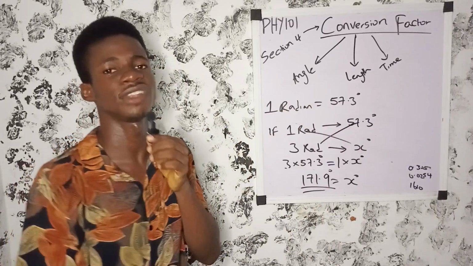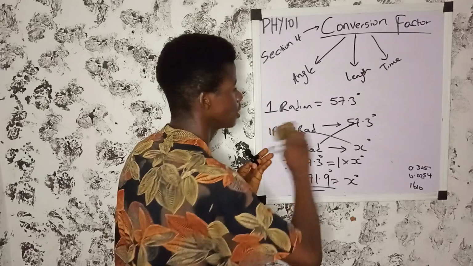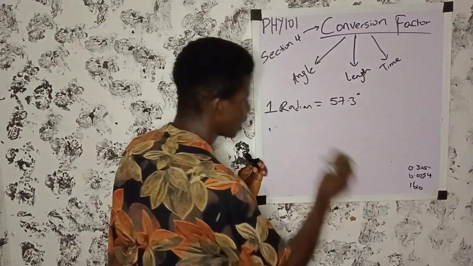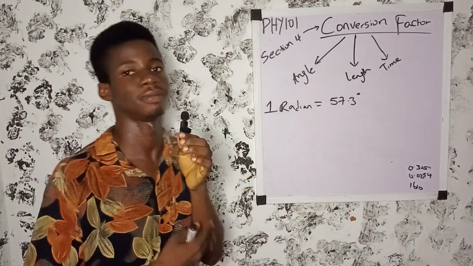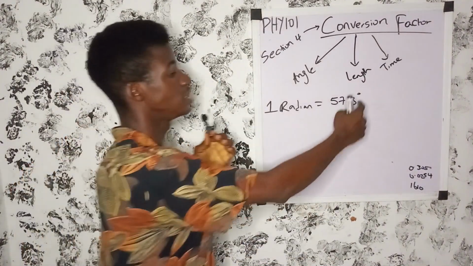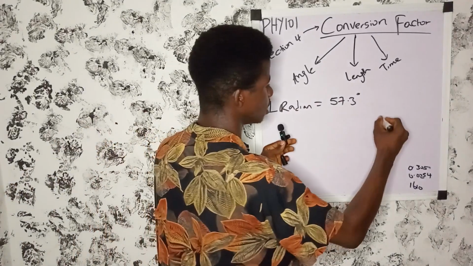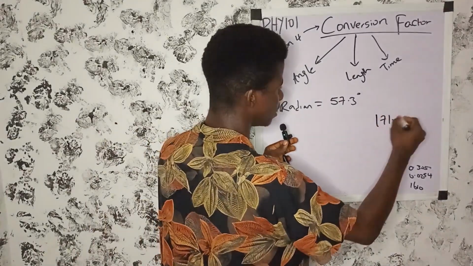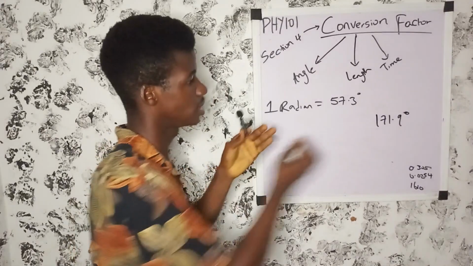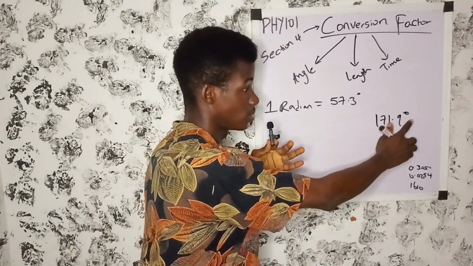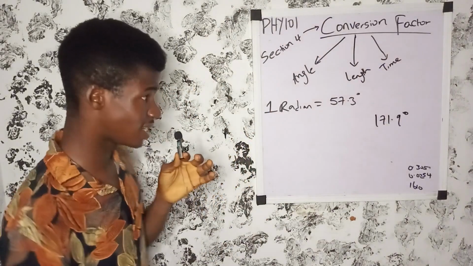What if they tell you to convert from degree to radian? It's very easy. You can still use the same method. For example, they say convert 171.9 degrees back to radians.